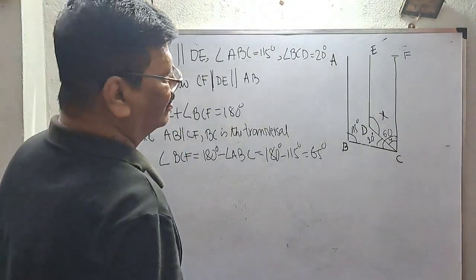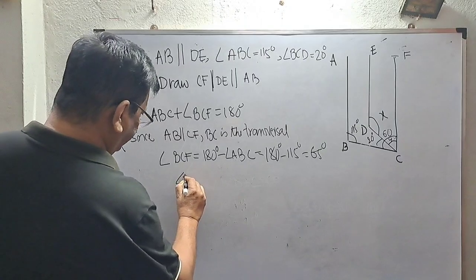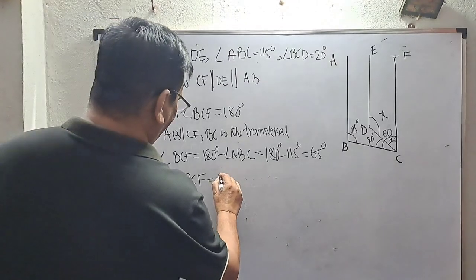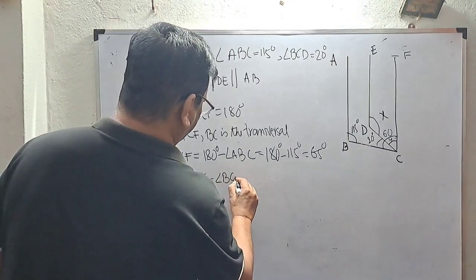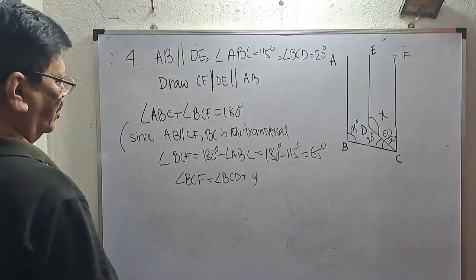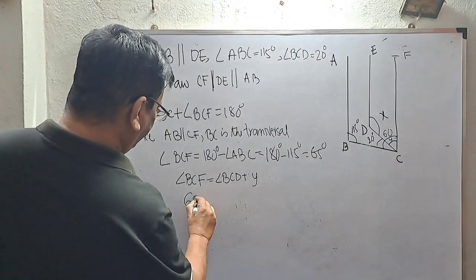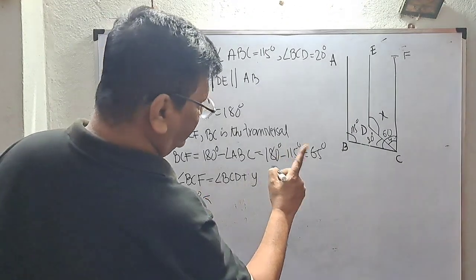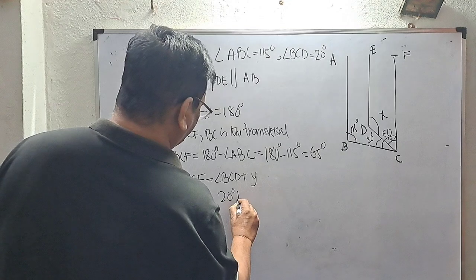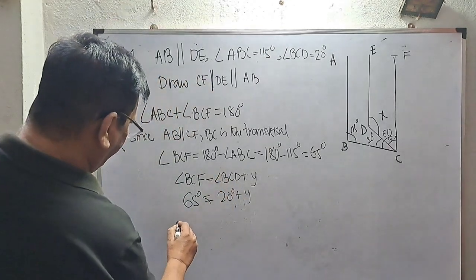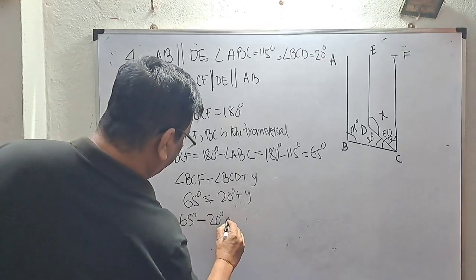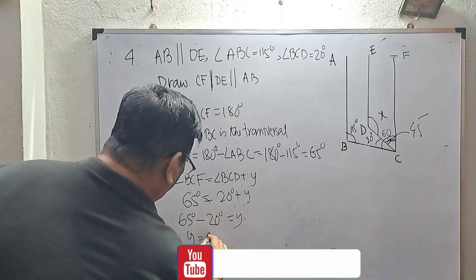Since we know angle BCF is also equal to angle BCD plus Y. So 65 degree is equal to BCD, which is 20 degree, plus Y. From there we get 65 minus 20 is equal to Y is equal to 45 degree.